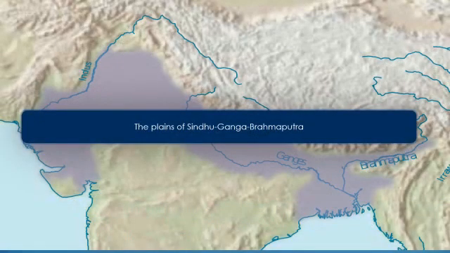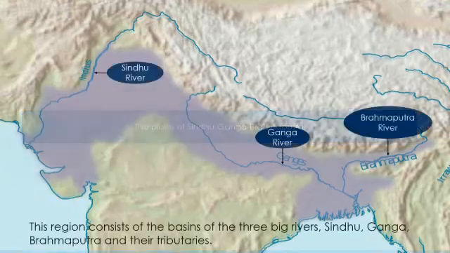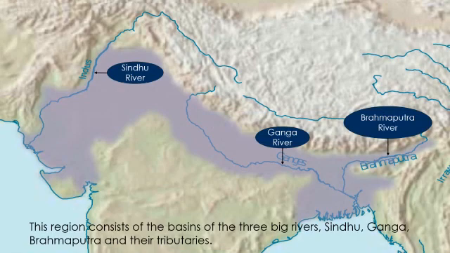After Himalaya, we are going to learn about the plains of Sindhu, Ganga, Brahmaputra. This region consists of the basin of the three big rivers, Sindhu, Ganga, Brahmaputra, and their tributaries.